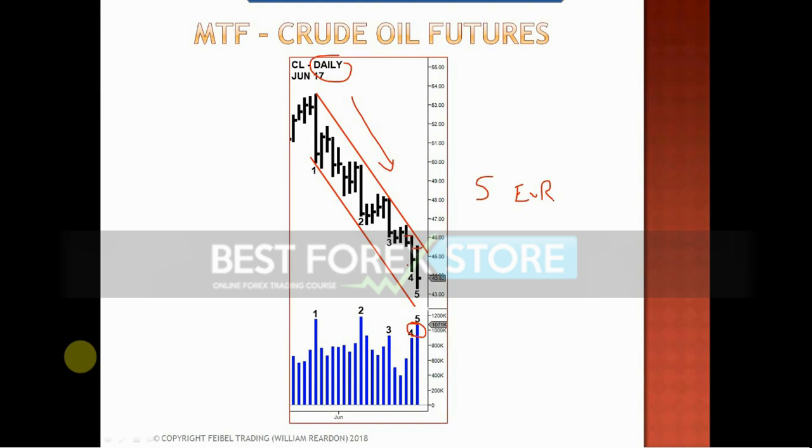And there are more subtleties at work here. If we look at bar 4 and 5, what can we see? Buying off the lows. So we close off the lows, so we know there is some buying at the lows. Now, if we use our comparative and relative analysis, this action at bar 4 and 5 is different.